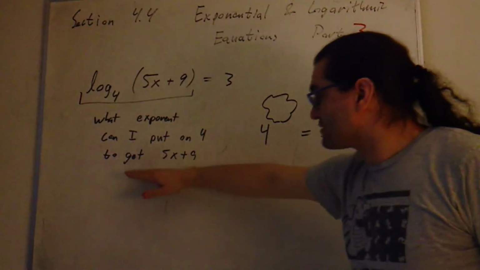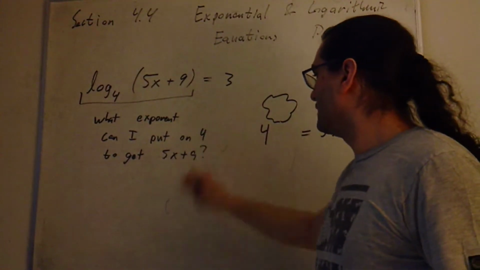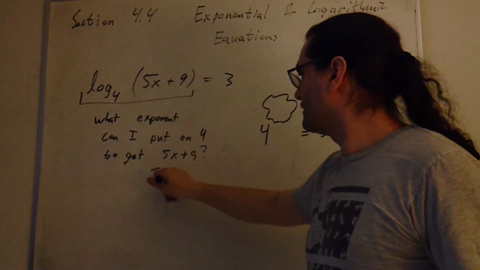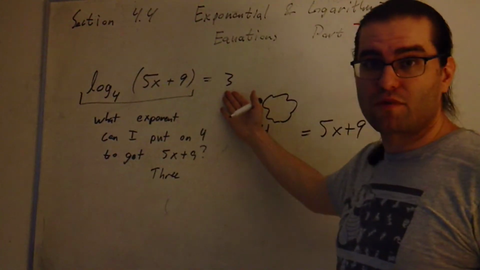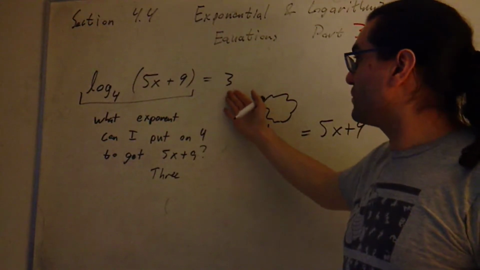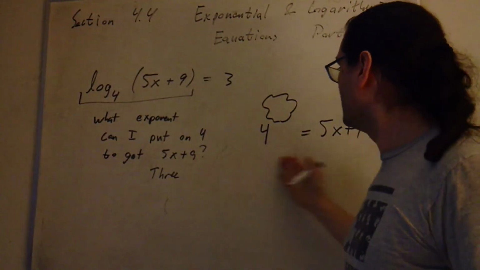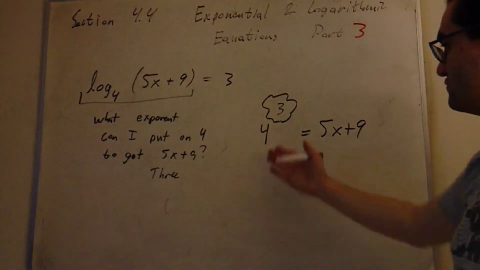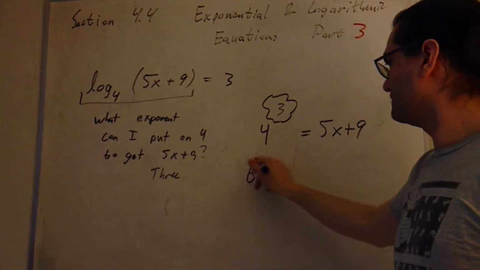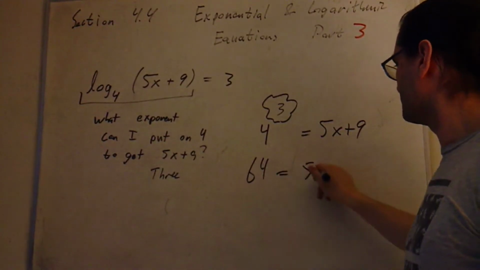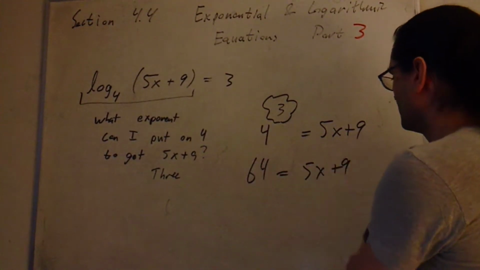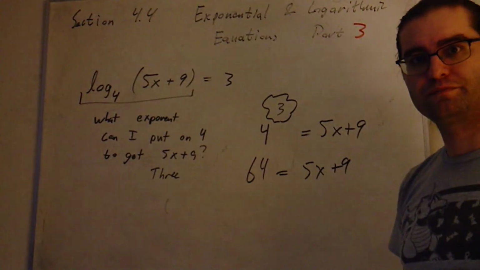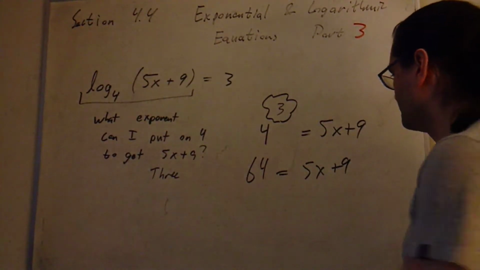And the answer to this question is 3. 3 is the exponent you can put on top of 4 to get 5x plus 9. 4 cubed is 64. There you go. There's our linear equation. It's that easy.